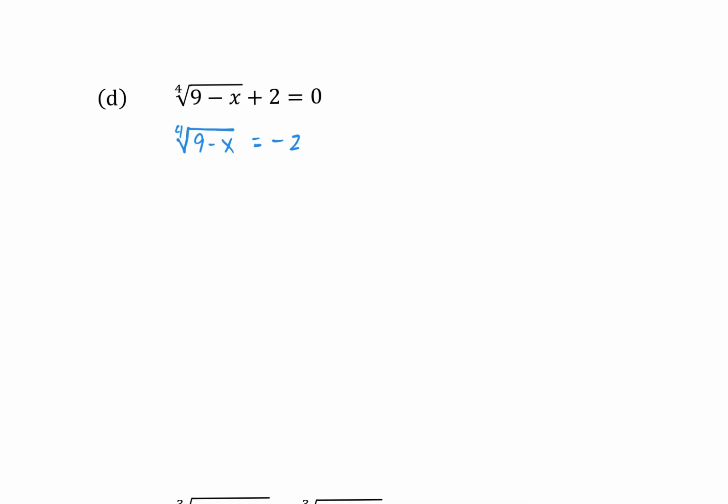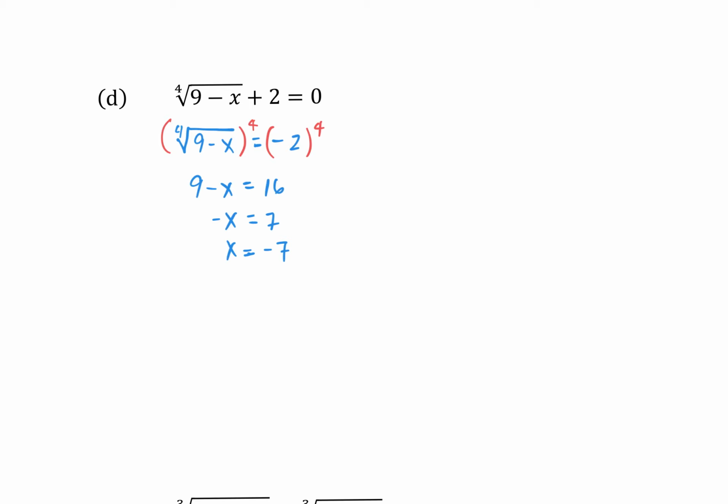At this point, I would take it to the fourth power on both sides to get 9 minus x equal to a positive 16. We'll get negative x is going to be equal to, subtracting 9 from both sides, a positive 7. And x is equal to negative 7 would be a possible solution.